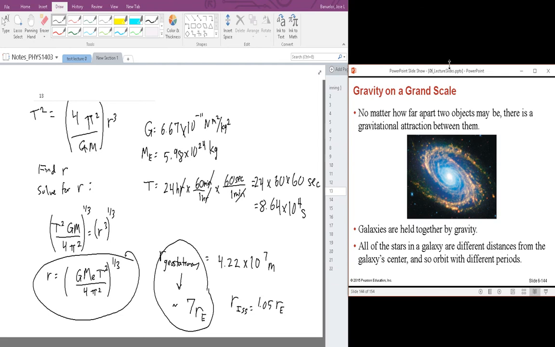And one of the things that's pretty amazing is that we're using these ideas of gravity to calculate the gravitational attraction between you and another person, between 2 lead spheres, and between a satellite and a planet. And it turns out that these are the same rules that govern how galaxies form.